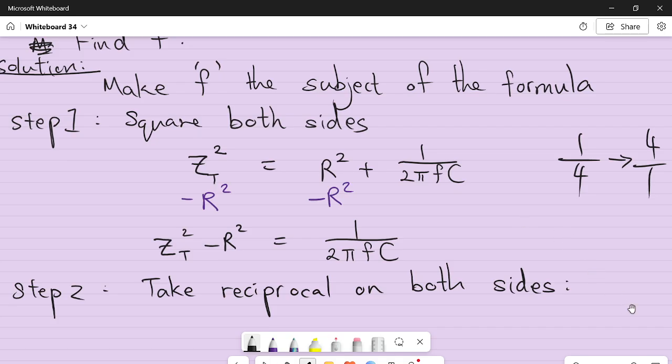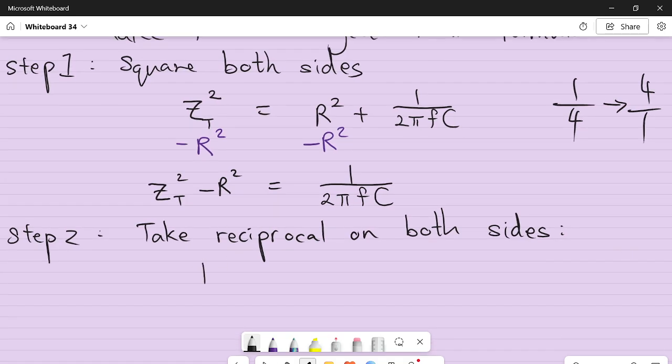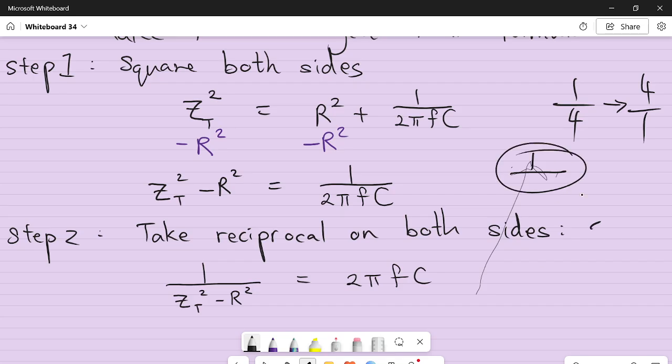That means it will become 1 over (Z total squared minus R squared) is equal to 2 pi F C. Because you reciprocal that side, but on the right hand side the reciprocal gets cancelled, so there's no more 1 over. 1 over is actually called reciprocal, or 1 divided by something is called reciprocal.